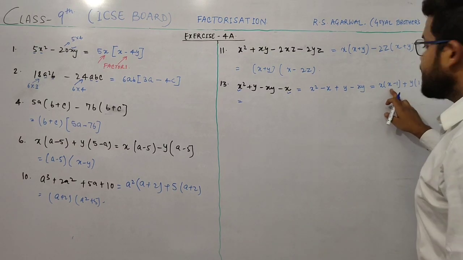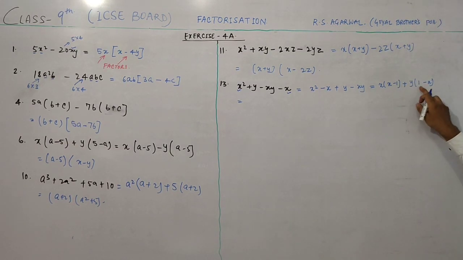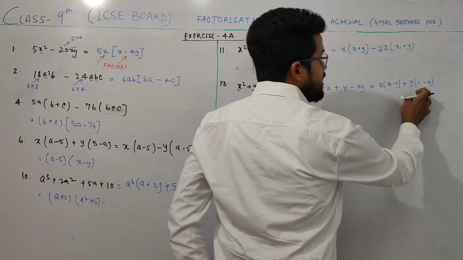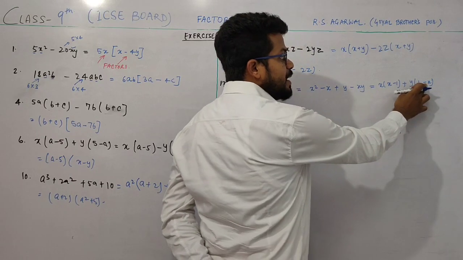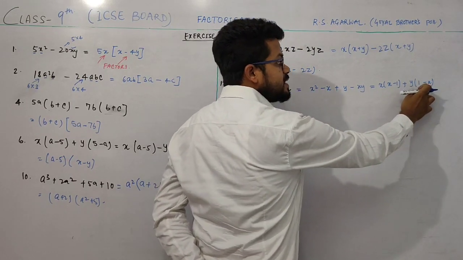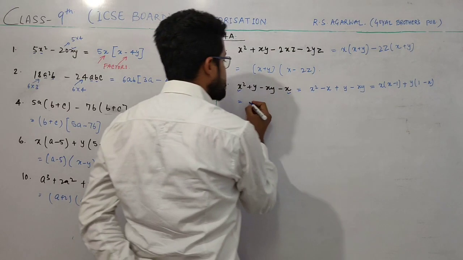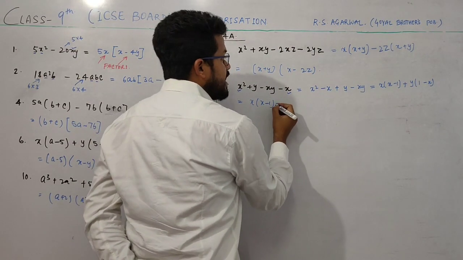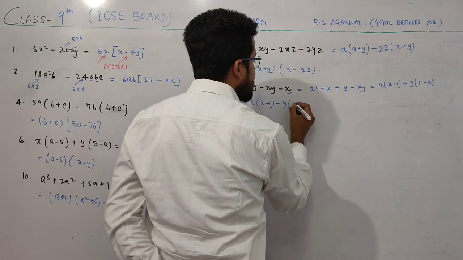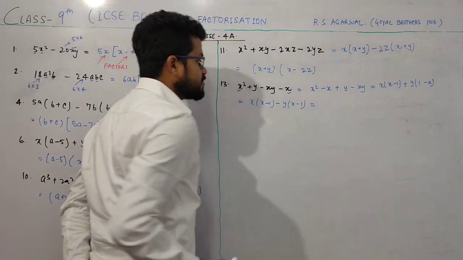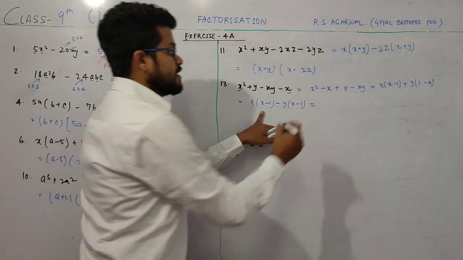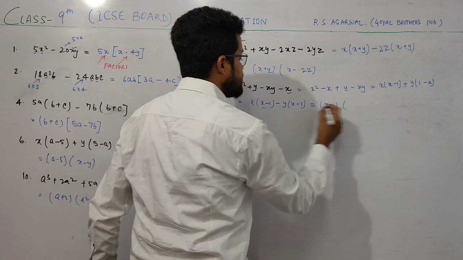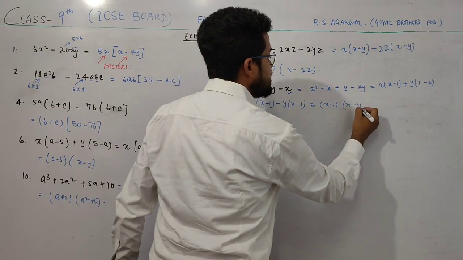So I take minus as a common from here, so this minus becomes plus and this is minus. So I write x minus 1, and again I take common x minus 1, the remaining is x minus y.